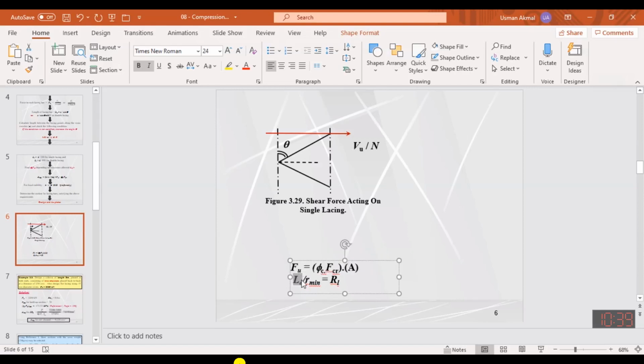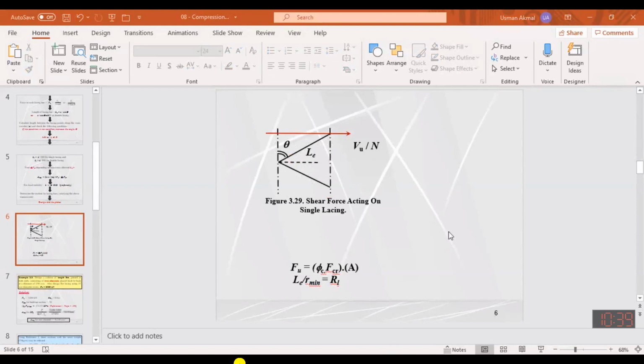So this length LE is unknown, so how can we compute it? How can we compute this lacing length? Can anybody let me know what is the distance between this dash line and this dash line?